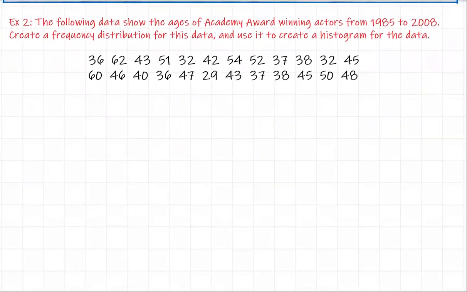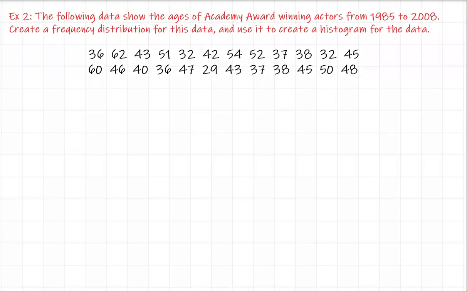The following data shows the ages of Academy Award-winning actors from 1985 to 2008. Create a frequency distribution for this data and use it to create a histogram. All right, so the first thing we have to do is make a frequency distribution. And in order to make a frequency distribution, we're going to need to know the classes or the data values, or in this case, the grouping of data values, which is our classes, which are our intervals.